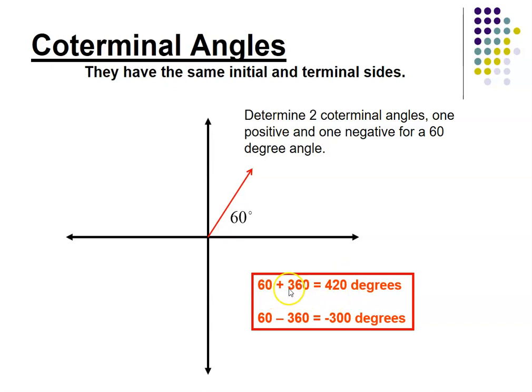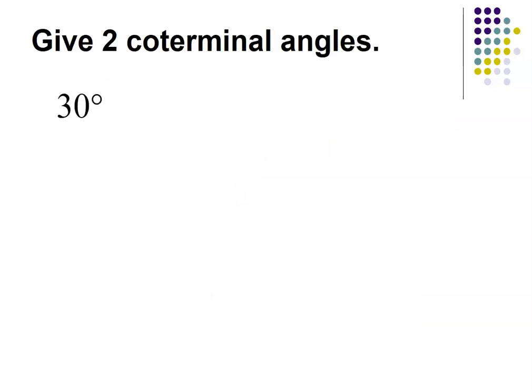So 60 plus 360 is 420, and 60 minus 360 equals negative 300 degrees. That's how you get the coterminal angles. Again, you add and subtract 360 degrees to get the positive and negative coterminal angles.